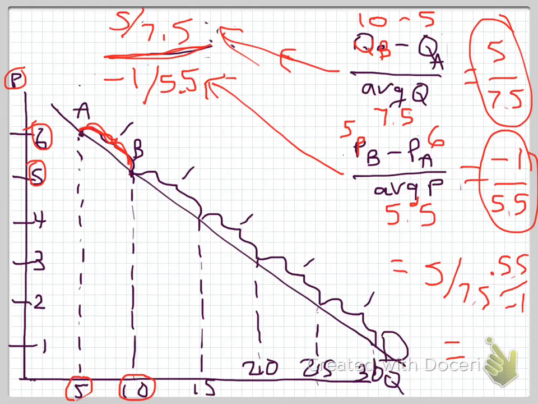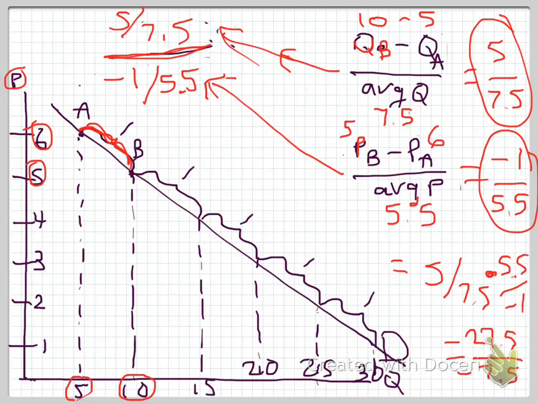This is my multiplication, and there is a decimal there. So you're going to take 5, hang on, work the calculator here. 5 times 5.5 equals 27.5, divided by minus 7.5.